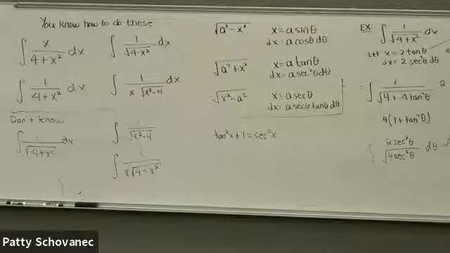Then the derivative of secant is secant tangent, so you get 3 secant theta tan theta d theta. And x squared is going to be 9 secant squared. Let's substitute that all in there.